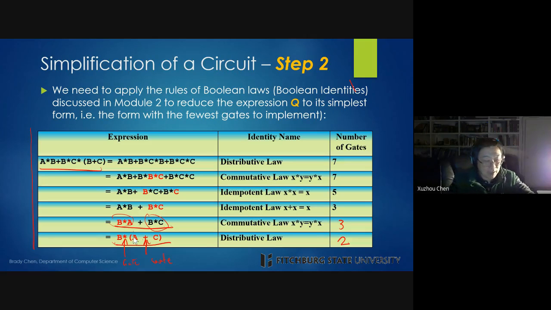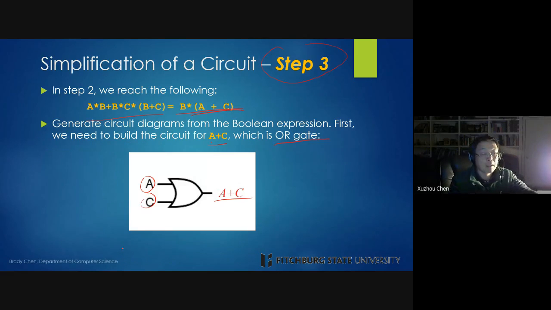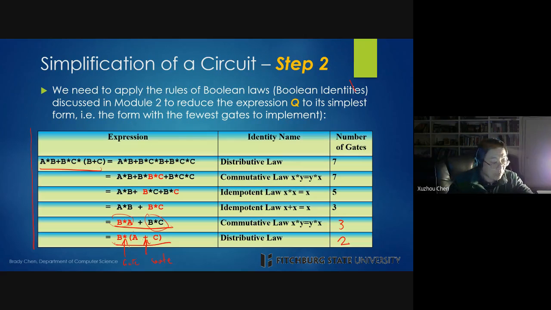Now, once you have this simplified form, I can rebuild the circuit. Based on the precedence of these operations, the precedence is first given to the parentheses. If I have a parenthesis, A plus C, the expression inside the parenthesis is going to be evaluated first.